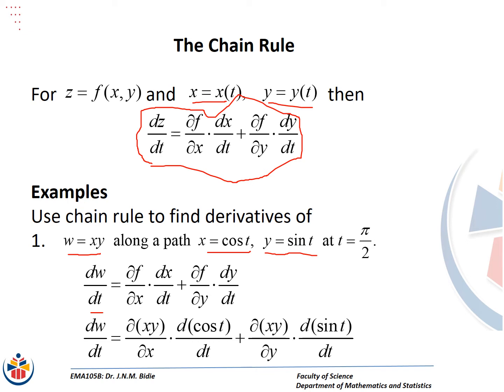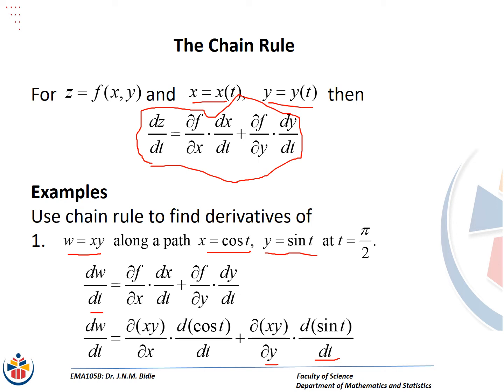X is cos t. So we differentiate cos t with respect to t. That forms the first term, plus the derivative of xy again, but now with respect to y for the second term, and then we differentiate y, which was given to us as sine t.